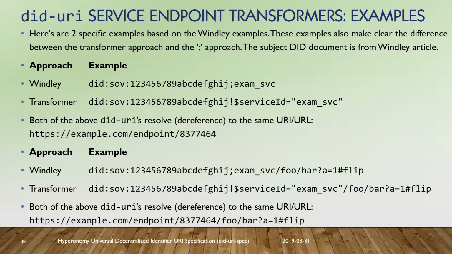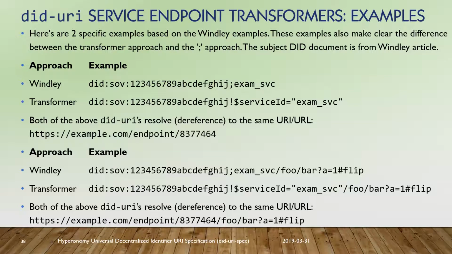Using transformer notation instead, we would take that did:sov:123 up to J, and there's the pipe symbol. Here we're saying we're going to pipe it. We're going to transform either that DID or the DID document that DID refers to, and we're going to use the service ID transformer.